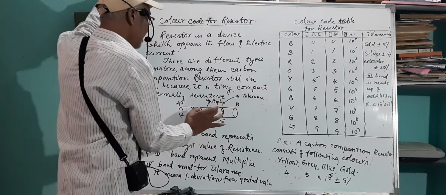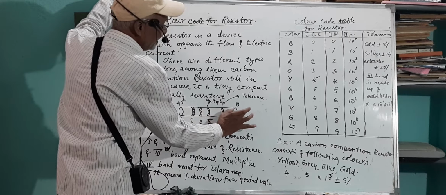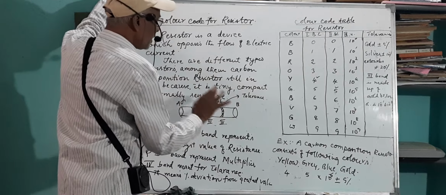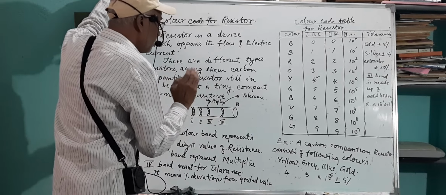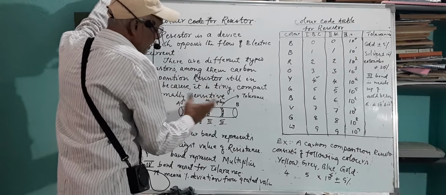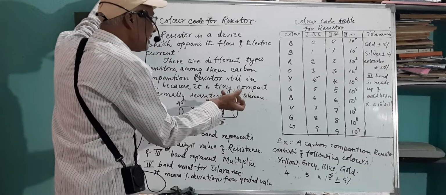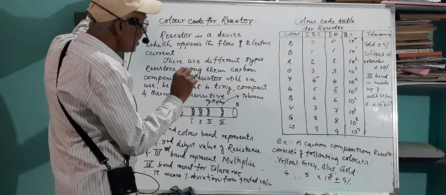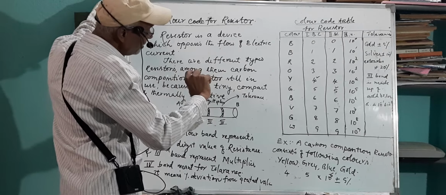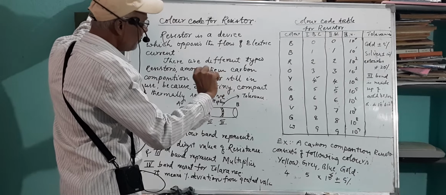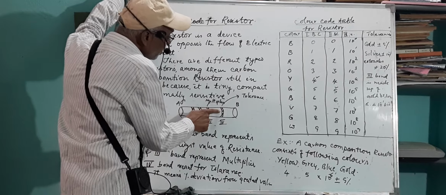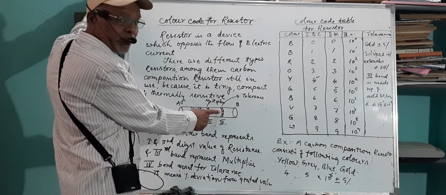Say for example, this carbon composition resistor is about 6000 ohm. It's the standard resistance value, so you may not get exactly 6000. In that case, the manufacturer will give how much this resistance will vary. Say the fourth band is made up of gold color.